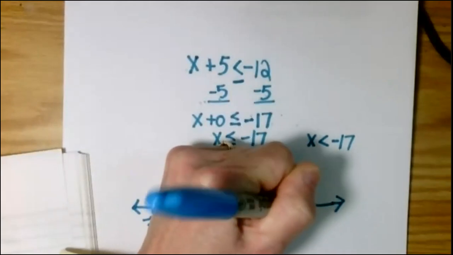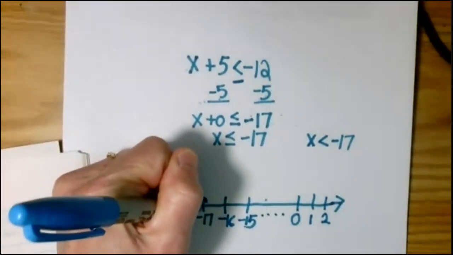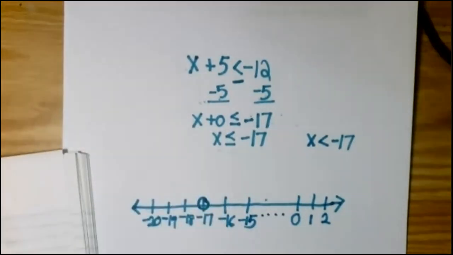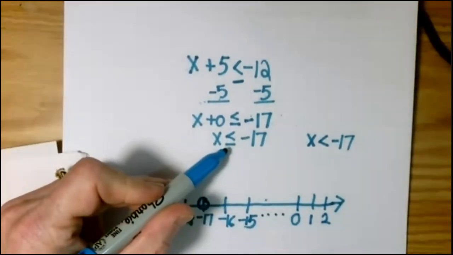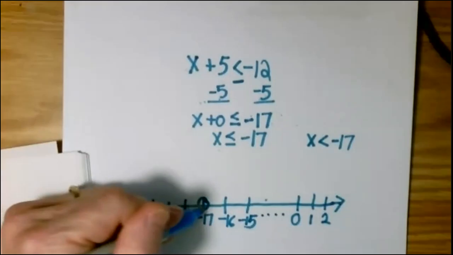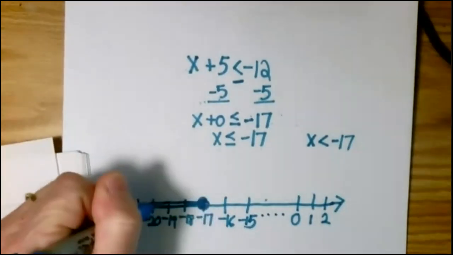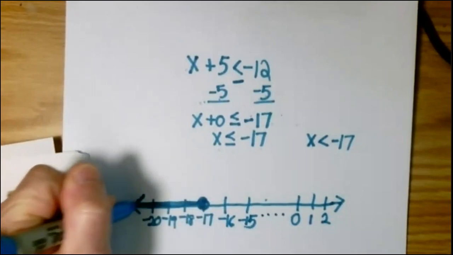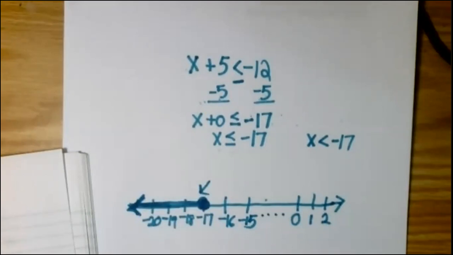We get 0, we get 1, we get 2, etc. In this case, we're still going to put our circle at negative 17, but now our answer includes, it's equal to negative 17 or lower. So we're going to color it in. And then we're going to draw our arrow saying all solutions less than negative 17 will work, including negative 17.